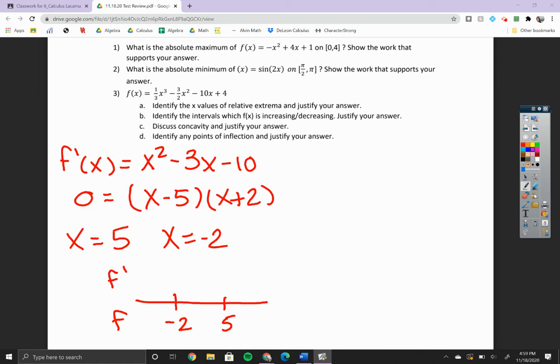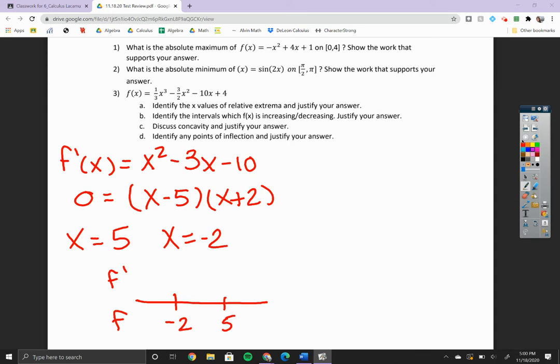So I need to pick a number that's less than -2, so let's say -3. And you're going to plug this back into your first derivative, not the original, since we're looking for the sign of our first derivative. So if I plugged in a -3, I'd have -3 minus 5, that would be -8, times -3 plus 2, that's -1.